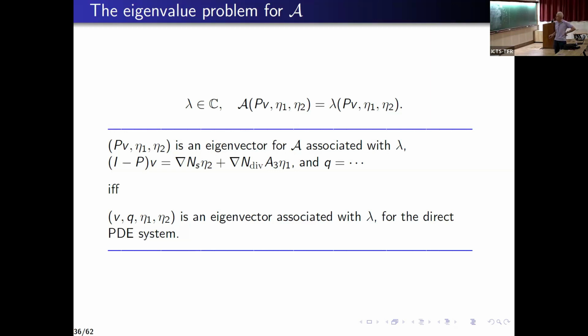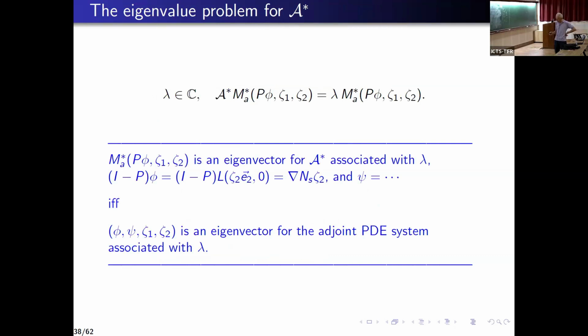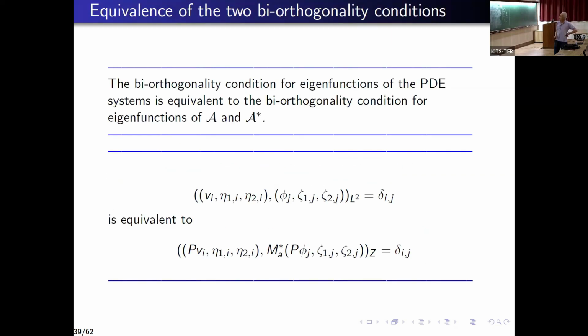This is essential. And we can do the same for the adjoint. I skip the details, but we have something similar for the adjoint. And so we have an additional result saying that the bi-orthogonality condition at the level of the operator is exactly the same as the bi-orthogonality condition for the vectors computed with the PDE system.